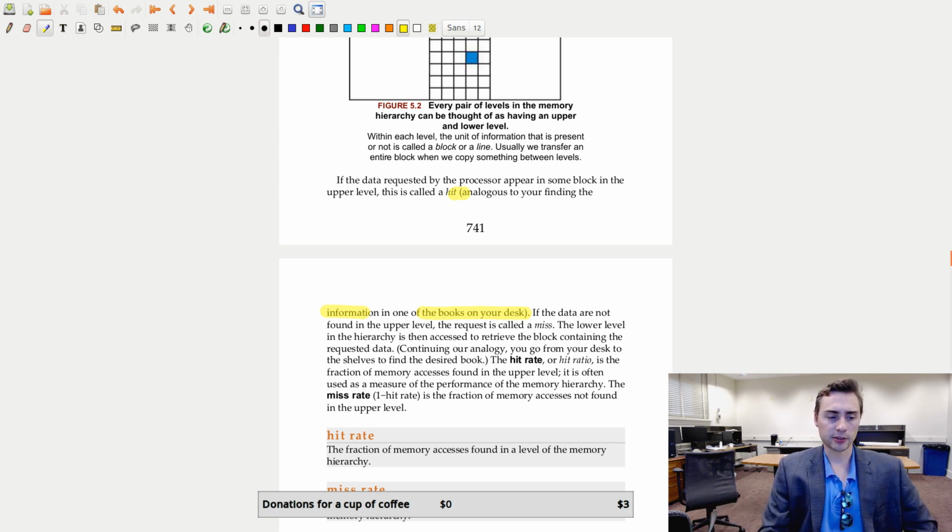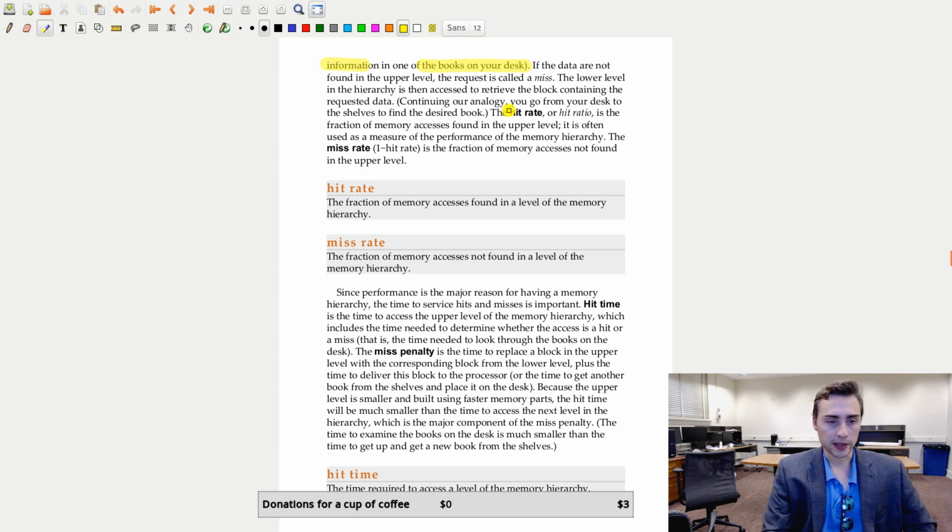Then we have hit rate, or hit ratio, which is the fraction of time that we find the information we're looking for when we try to access it. We find the data we're looking for in that cache.